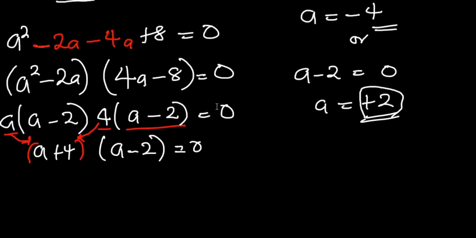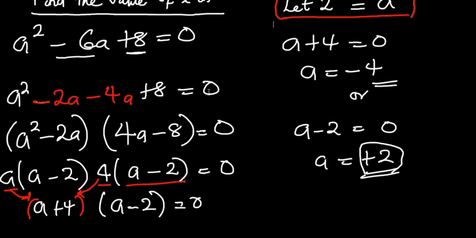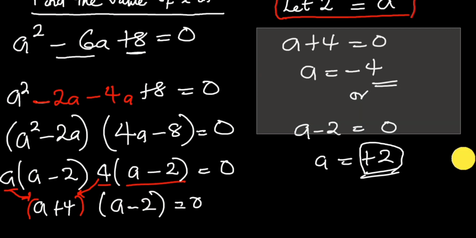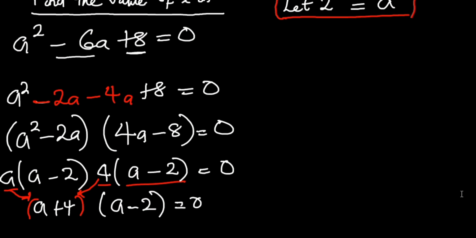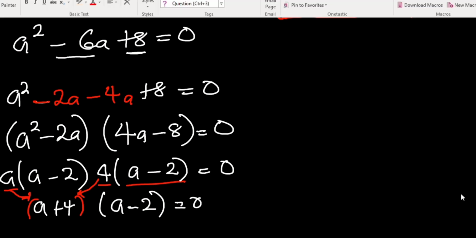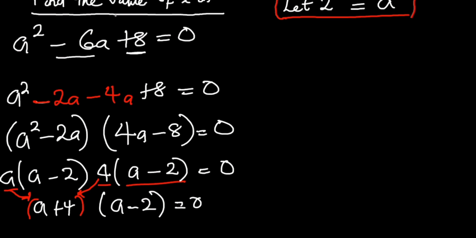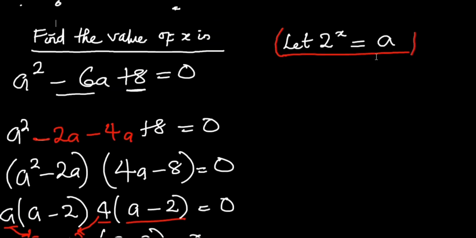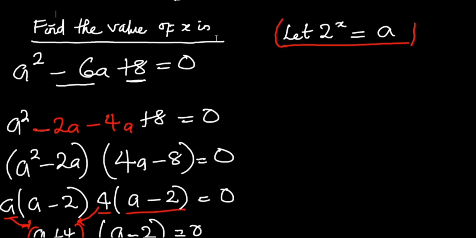So let me just make space there, so we can now actually solve the final problem. So let 2 raised to the power x be equal to a. Then 2 raised to the power x is equal to, we got the real solution of our a as positive 2, is equal to 2.